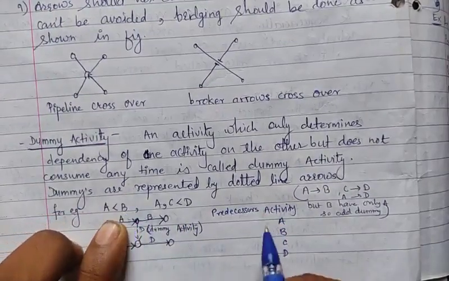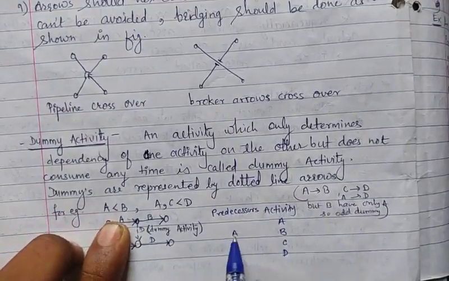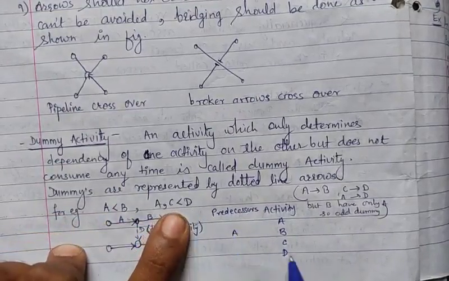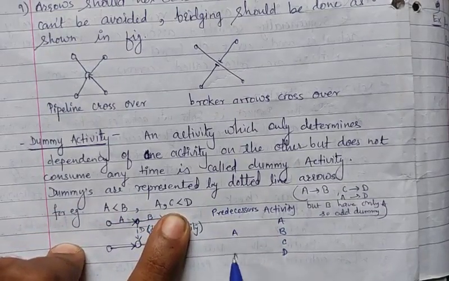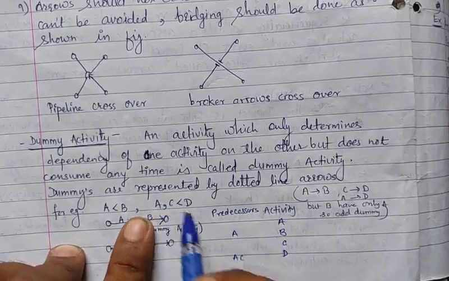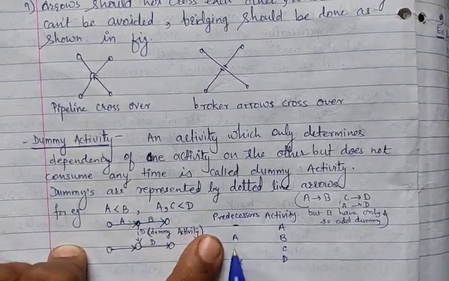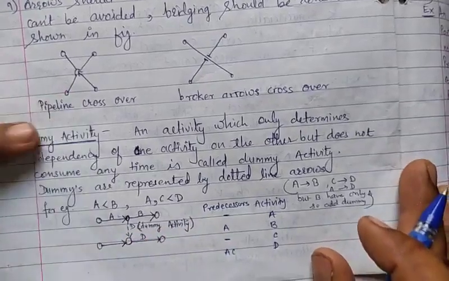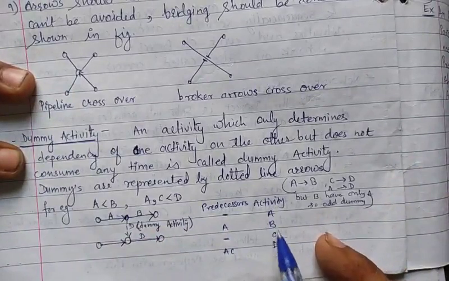Before B is A, so we can write A. Before D are A and C. There is no value before A, so we put a dash here, and a dash here. Therefore we get two initial points, which are A and C.